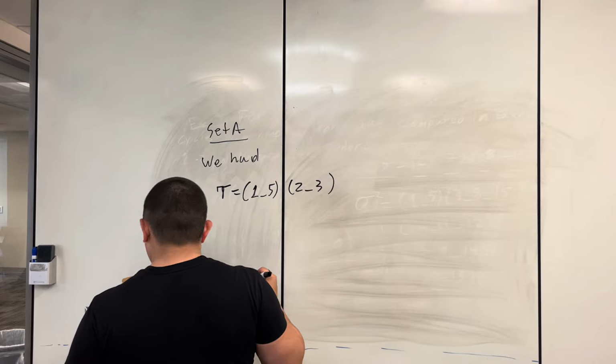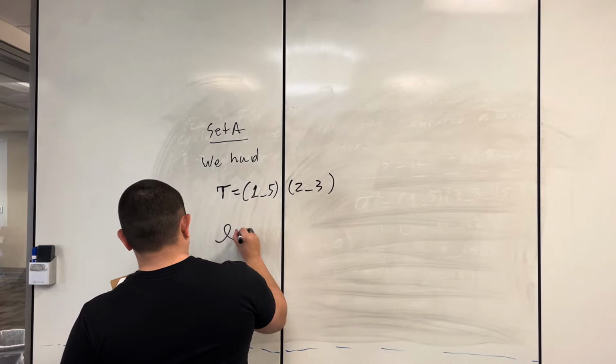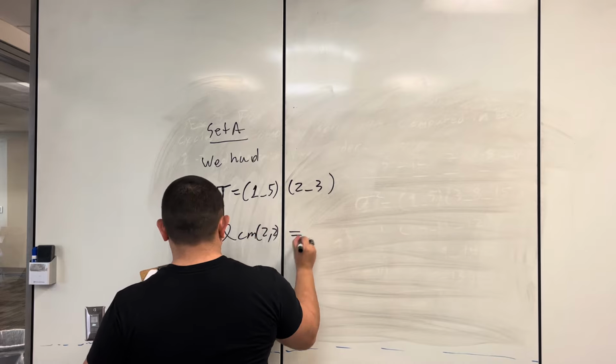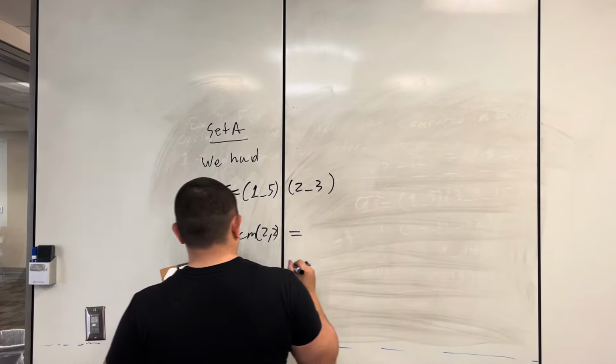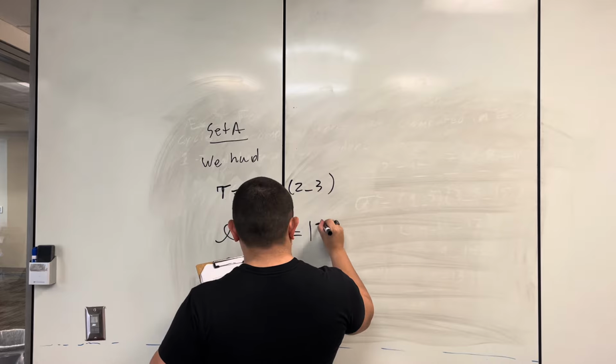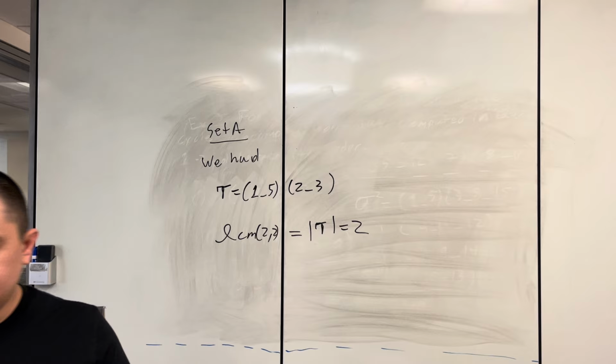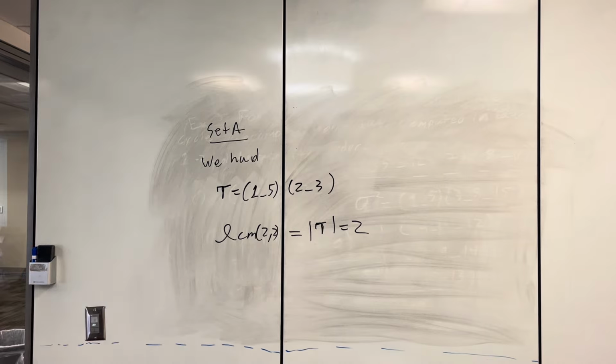So what's the LCM of this? Both of them have order 2, so the order of tau equals 2. Simple enough. On to the next one.